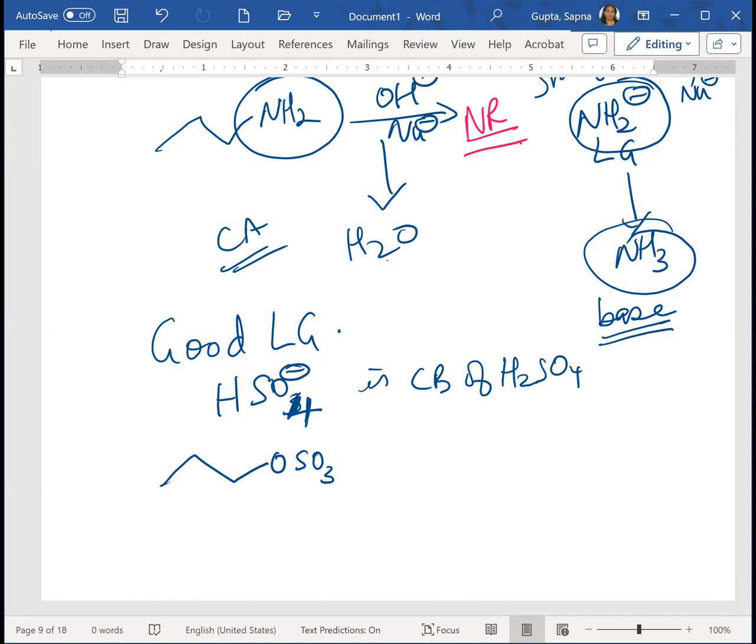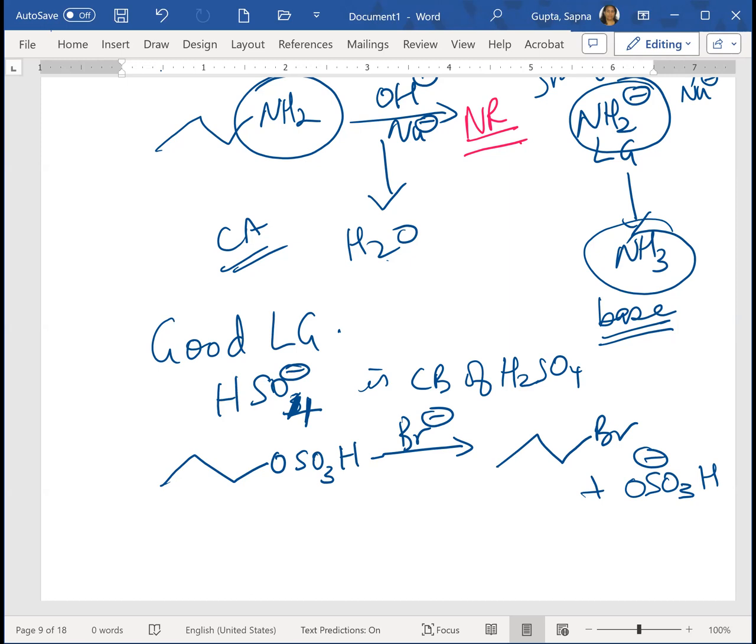One of the oxygens will be connected, and then this is what you have. Now if you wanted to, you can just use a halide also, no problem. And you can just write it like this if you want to. You don't have to write HSO4 minus.